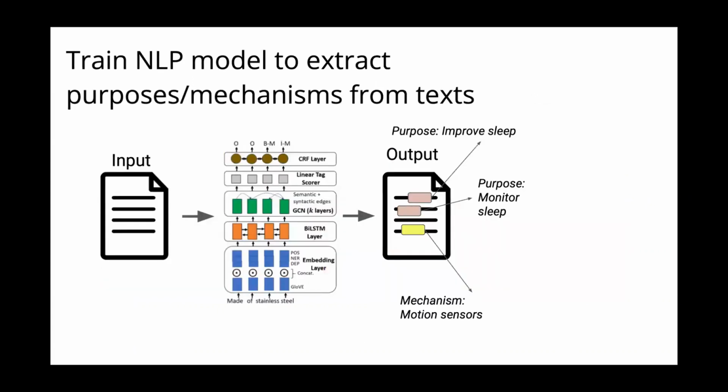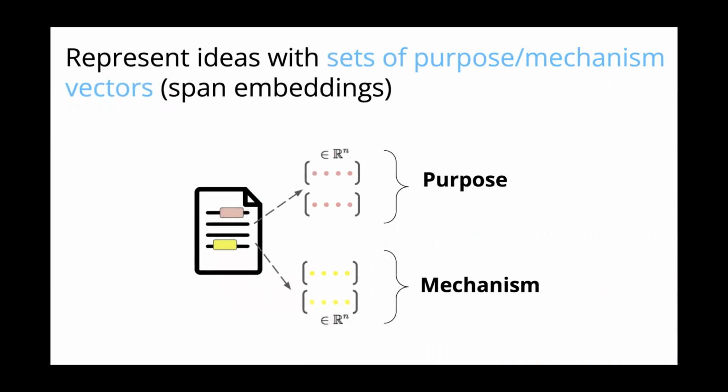We then take these crowdsourced annotations and use them as training data to train a natural language processing model so that we can extract purposes and mechanisms automatically from any incoming product description in a corpus of products. We can now represent ideas in terms of vector embeddings of these extracted purposes and mechanisms, so that for any given description of a product, we have a set of purpose embeddings and a set of mechanism embeddings.